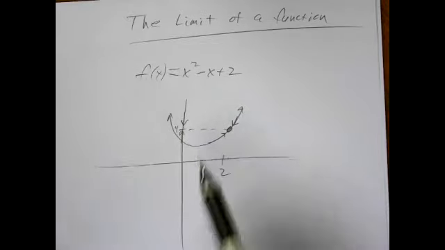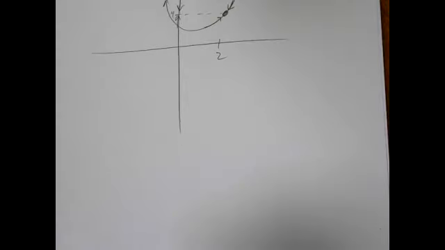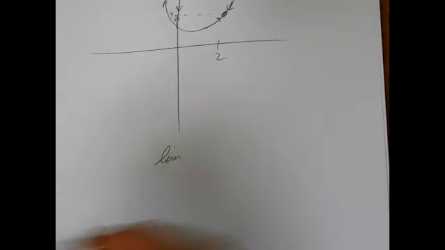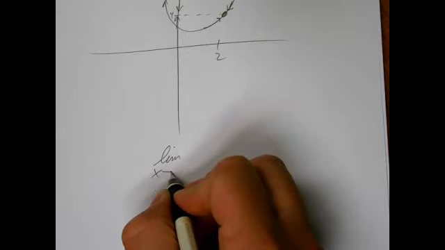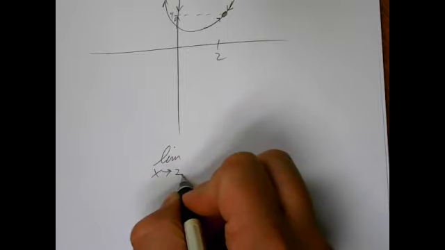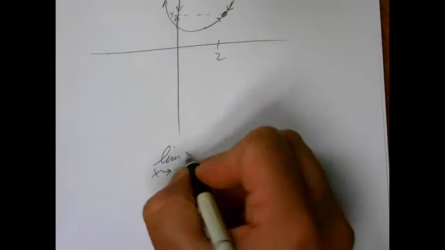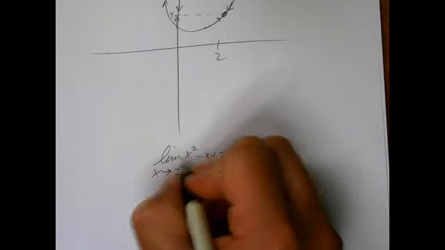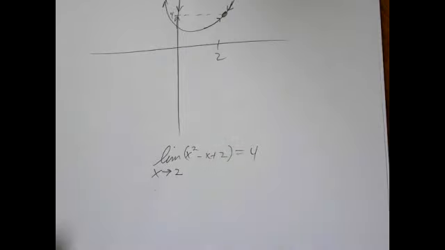All right? So therefore, we say that the limit, this is the notation and the language that's used, the limit as x approaches 2 of x squared minus x plus 2 is equal to 4.